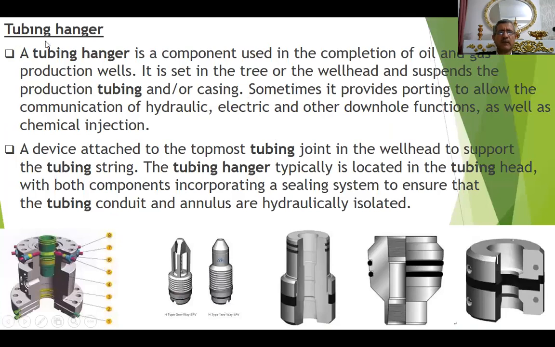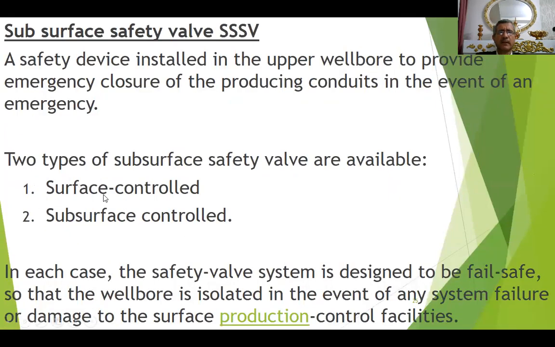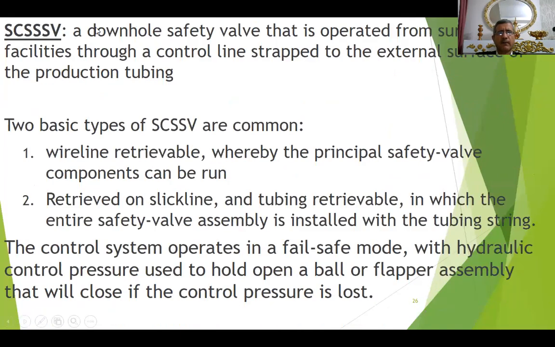Here also the same completion components. We have the tubing hanger. It is the top part of the completion that holds the tubing weight and isolates the tubing from the annulus. Also the subsurface safety valve. We have two types, surface controlled and subsurface controlled. It can close in case of an emergency to make the well safe. We have wireline retrievable and tubing retrievable.